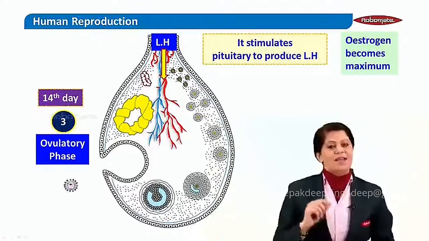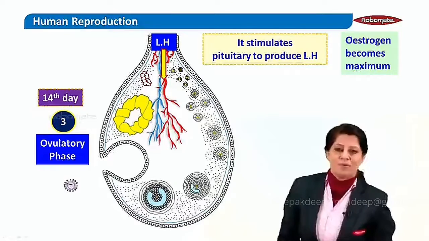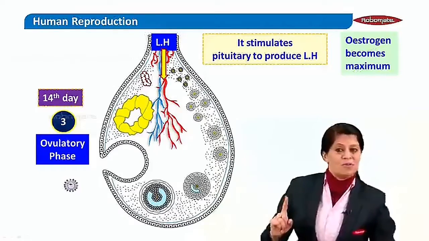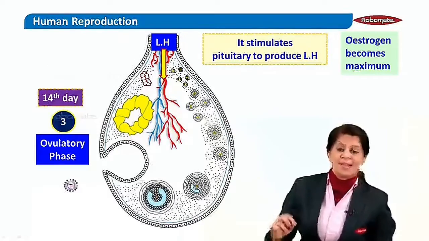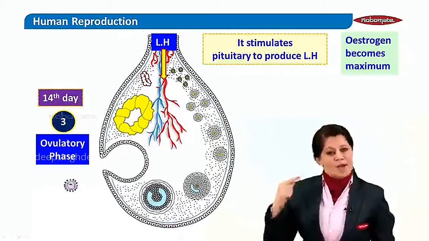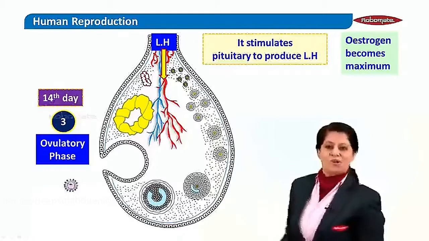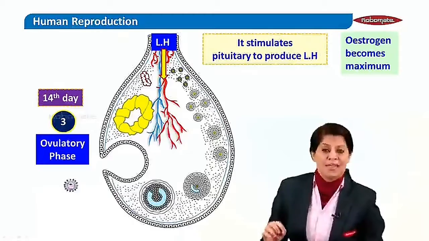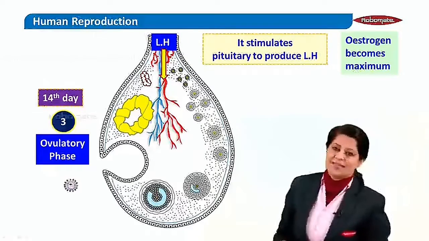LH, or luteinizing hormone. Reminding you students, till now, which pituitary hormone was dominating? It was FSH. But now onwards, which is the pituitary hormone that is going to be playing a very important role? It's going to be LH, or luteinizing hormone.